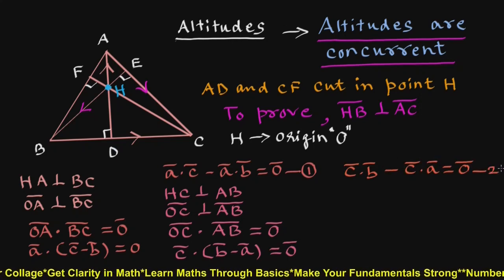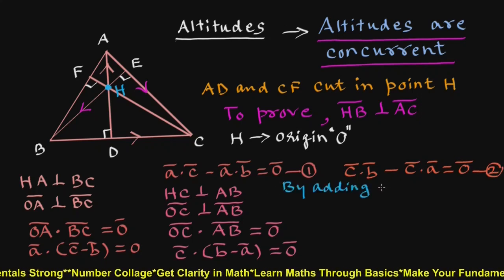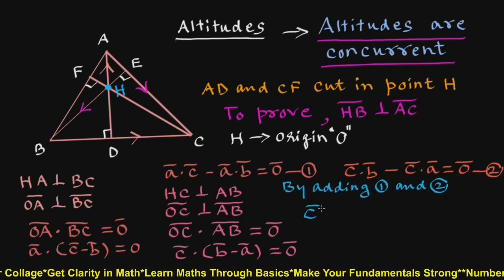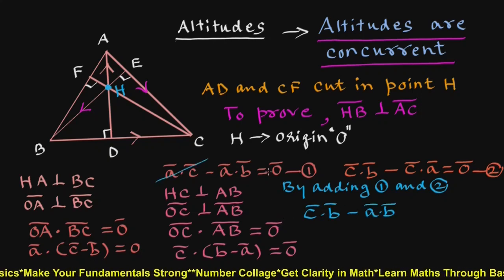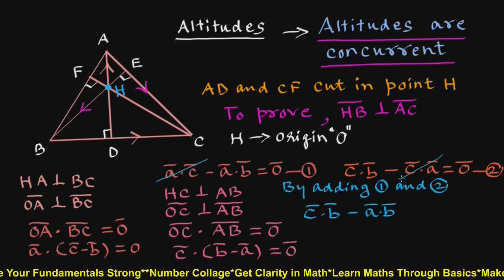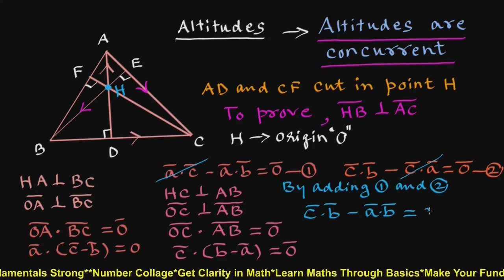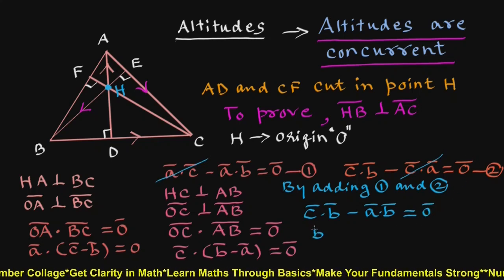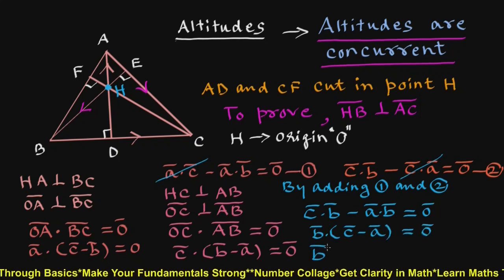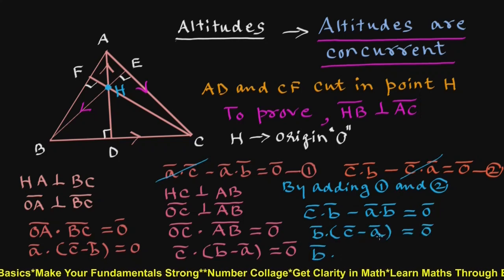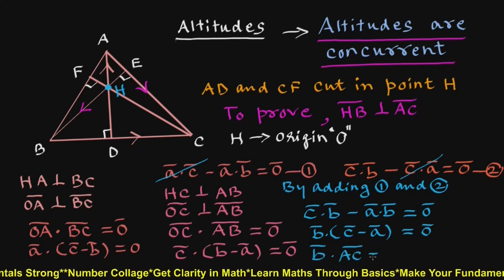We name this 2. Now by adding 1 and 2 we get C bar dot B bar minus A bar dot B bar, because A bar dot C bar minus C bar dot A bar will be 0, and this equals 0. This will be B bar dot C bar minus A bar equals 0. B bar dot C bar minus A bar is AC bar, equals 0.